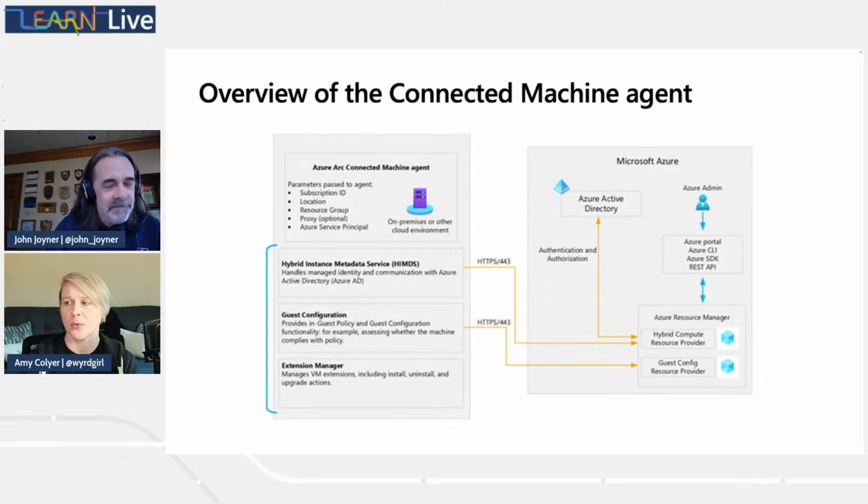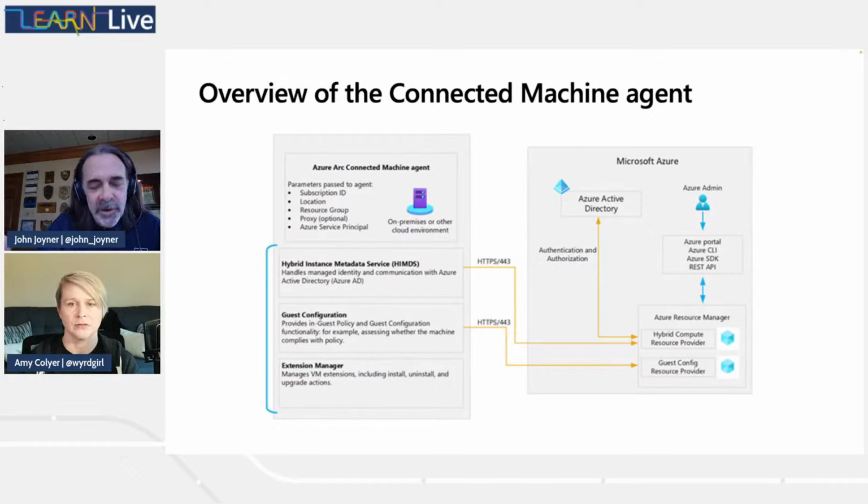It's nice to see which ports it's talking on. 443. Yeah, this is again a drill down into those 3 services. Remember, we had the services that started with the word Azure up at the top of our services list, which was the metadata instance that's actually talking to Azure as an Azure object. And then we had the 2 guest services: the guest configuration service and the guest extension manager.